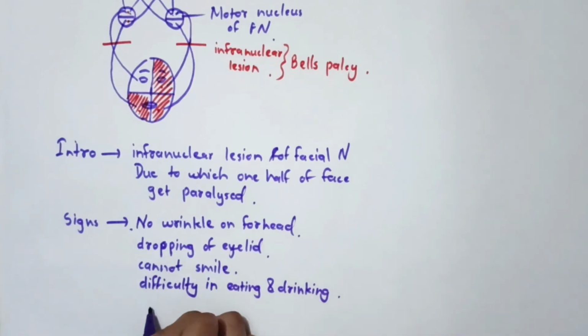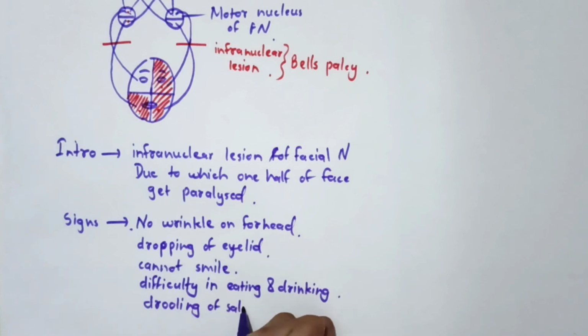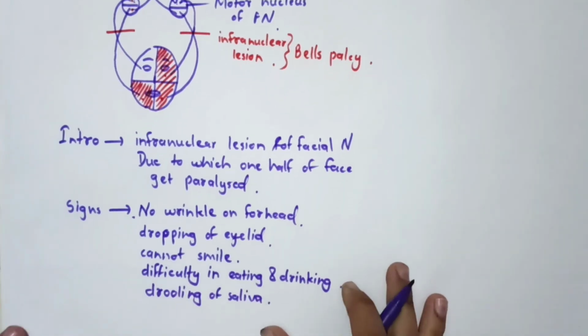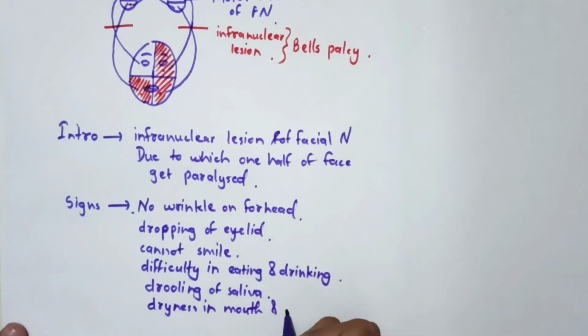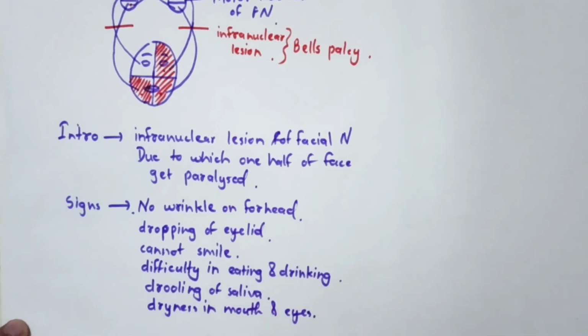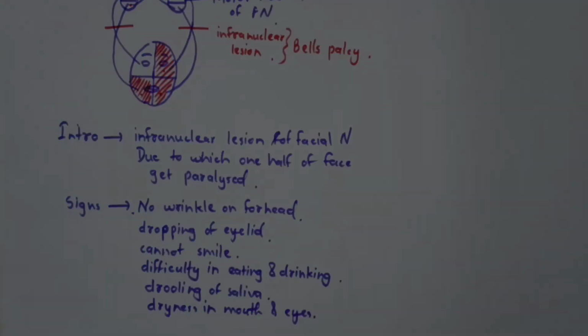Then there is drooling of saliva. Then also there is dryness in the mouth and eyes. So this is all about Bell's palsy.